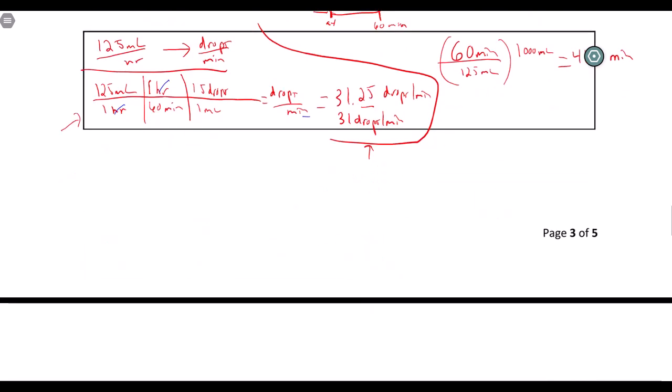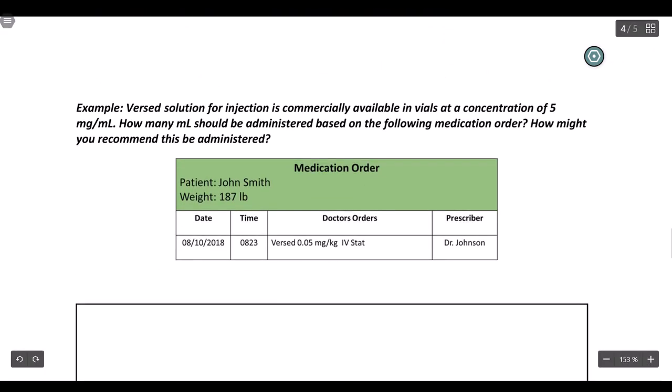This one is for Versed. All right, for this Versed, it says that we've got an injection. It's available as vials, so we're talking about a drug vial. So here's a drug vial.